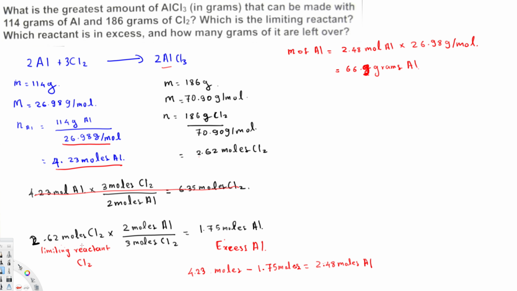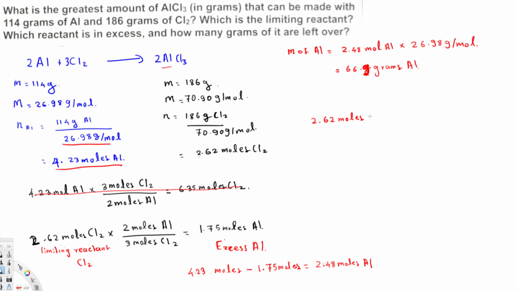We always have to use the limiting reactant to determine the AlCl3 we are going to create. So here we have the limiting reactant, that is Cl2, that is 2.62 moles, right? First calculate the moles of AlCl3 we are going to have, then we can convert that into grams.